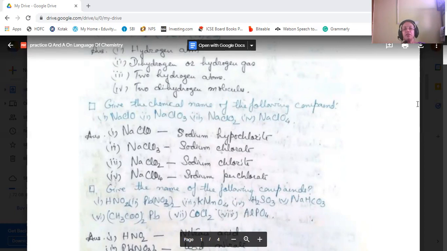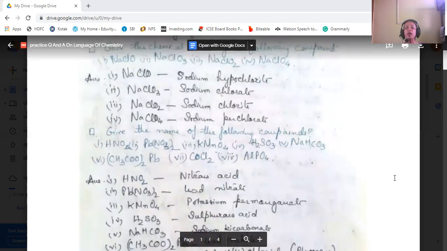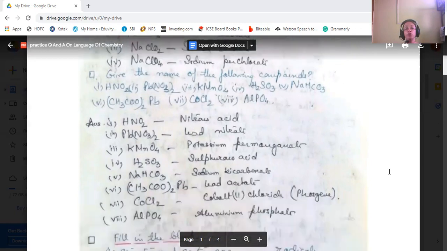Next, give the name of the following compounds: HNO2, Pb(NO3)2, KMnO4, H2SO3, Pb(CH3COO)2, NaHCO3, COCl2, AlPO4. So HNO2 is nitrous acid. Pb(NO3)2 is lead nitrate. Valency of lead is 2 here, so lead nitrate.